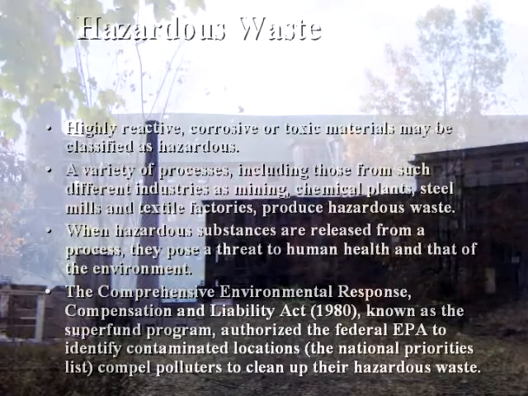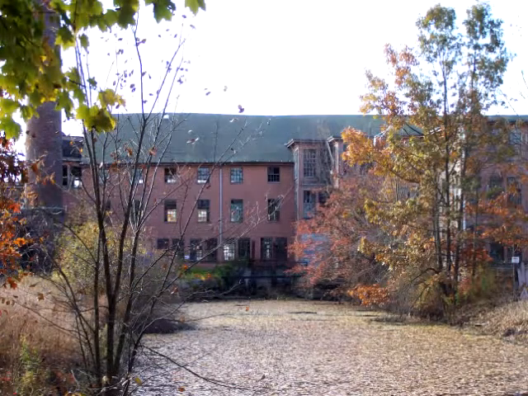Here is an actual photograph of an EPA designated Superfund site in the town of Uxbridge, Massachusetts. There are Superfund sites like this all over the country, but this is one that I happen to have a photo of.